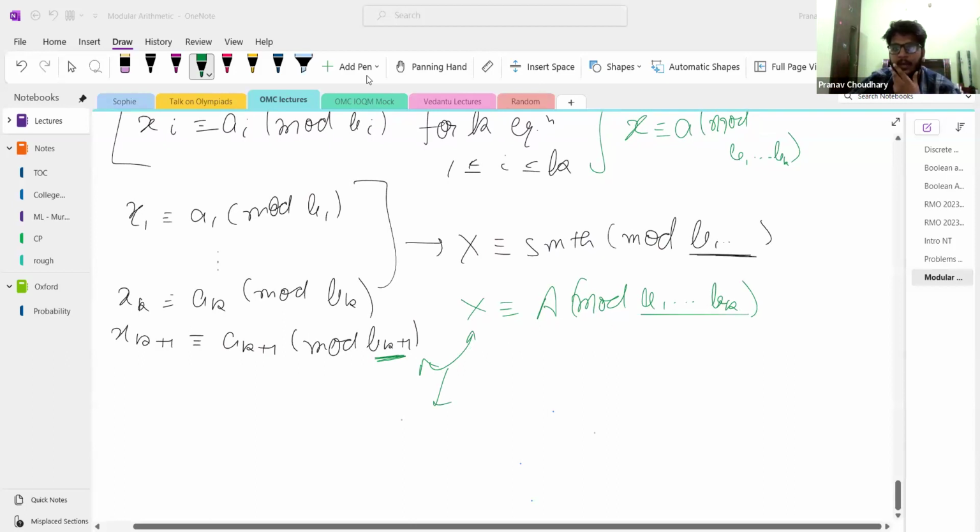Okay, I'll do a poll if everyone is clear till this point. If you say no, please tell me what part is not clear. If it's too far behind, I'll tell you to see the recording. But if it's a short thing, I'll tell you right now.